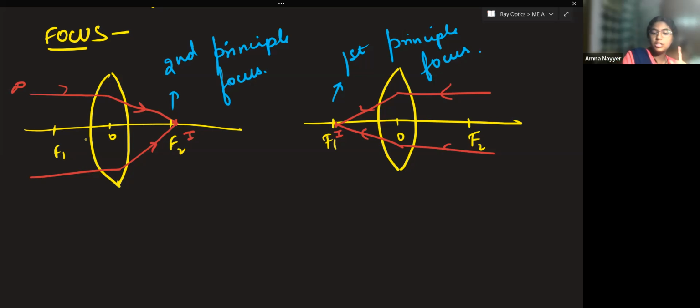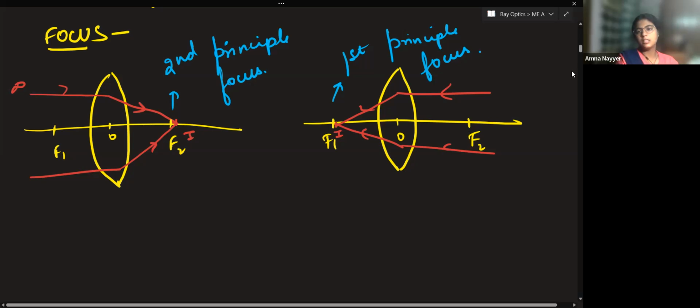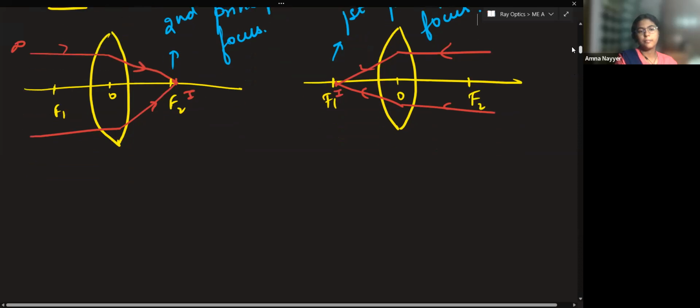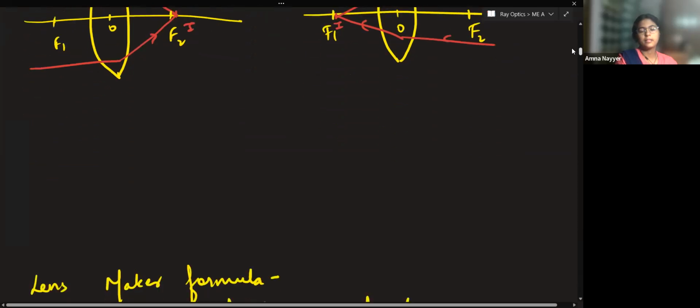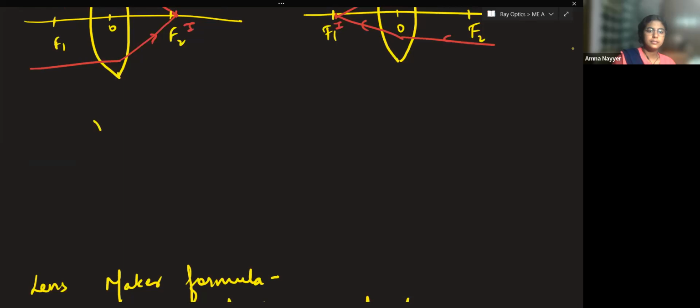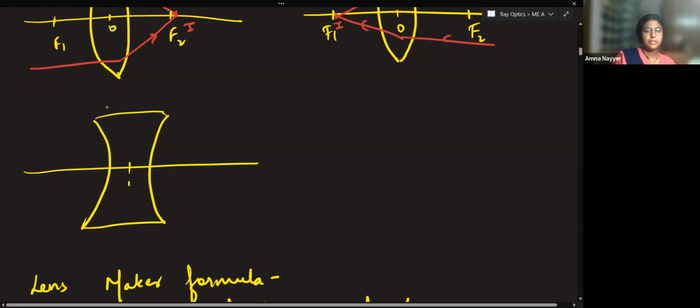Whereas the diverging lens we have not seen. Let's see it. This is the optical center.